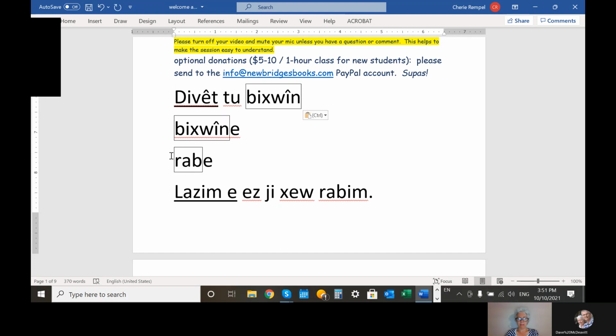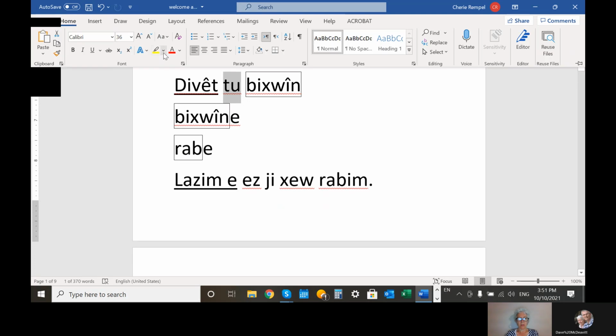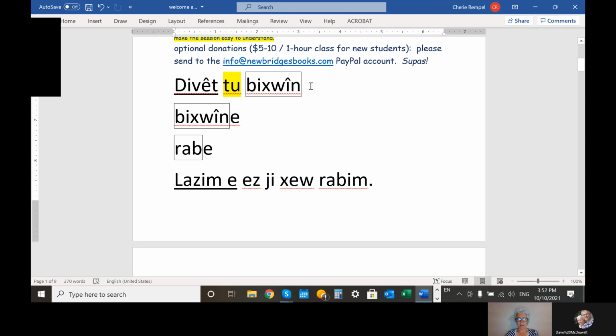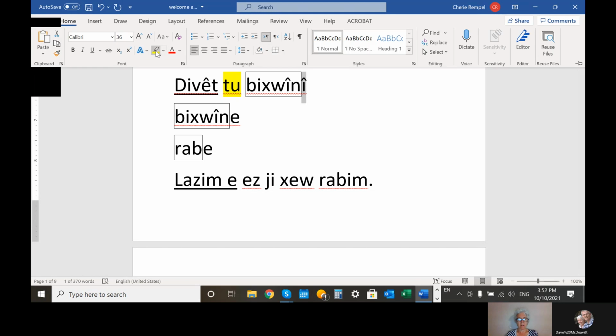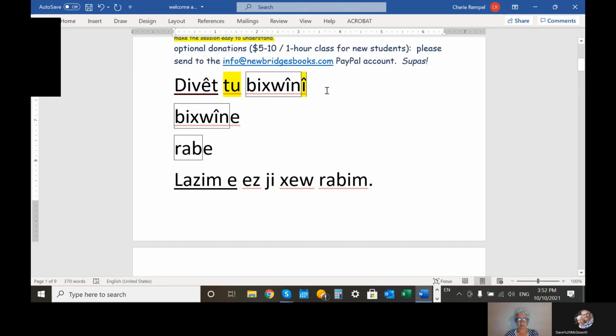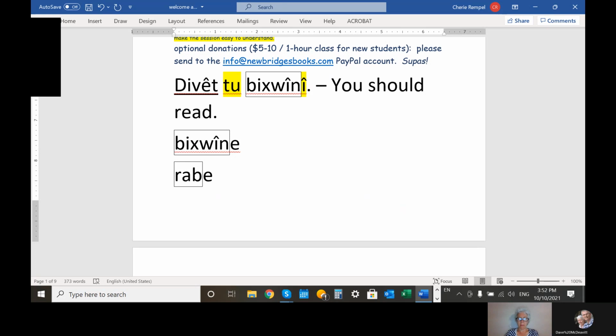Then you have to add your verb ending that agrees with your subject. Okay, so then my verb ending is E. That means you should read.